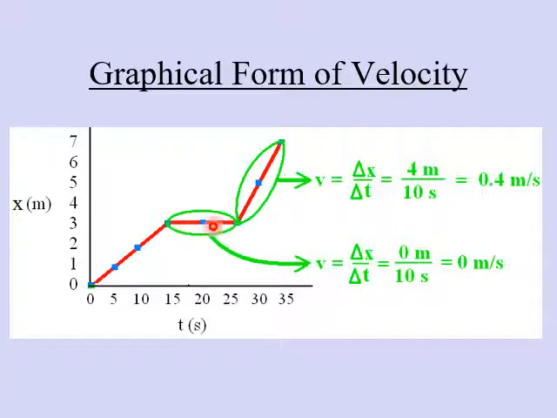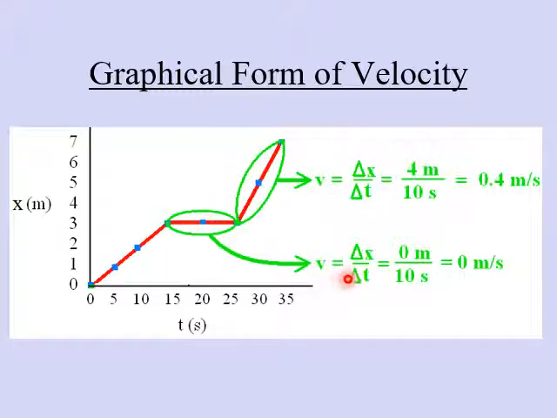She hasn't moved. On a position versus time graph like this, if something is standing still, it will be represented by a horizontal line. In other words, the line has no slope at all. It's flat. And remember, slope is what gives us velocity. So if there's no slope, that means there's no velocity.